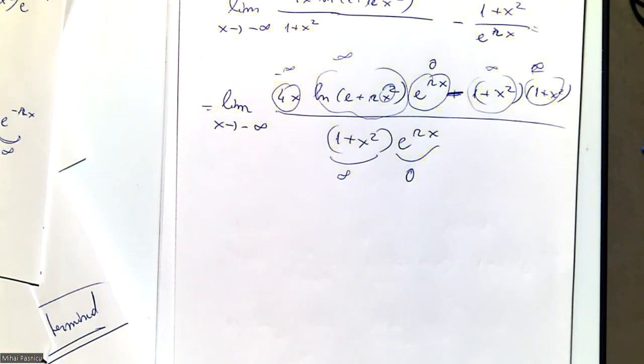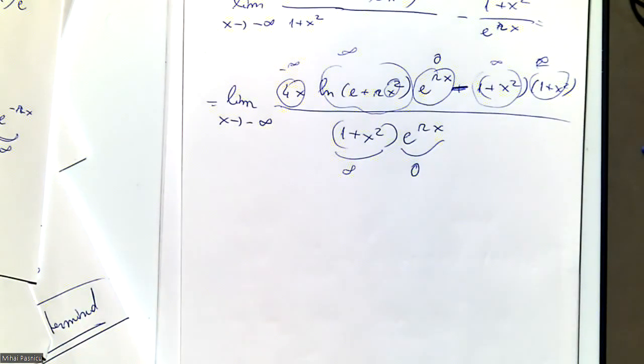Okay, so now I have this ugly, ugly thing. I have a lot of infinities, a lot of zeros. What do we know about infinity times zero? What do we know about everything else times infinity times infinity? Basically, you don't know anything here. At this point, most of you just panic and say, okay, this is undoable. Now you just split your limit into stuff that you can do.